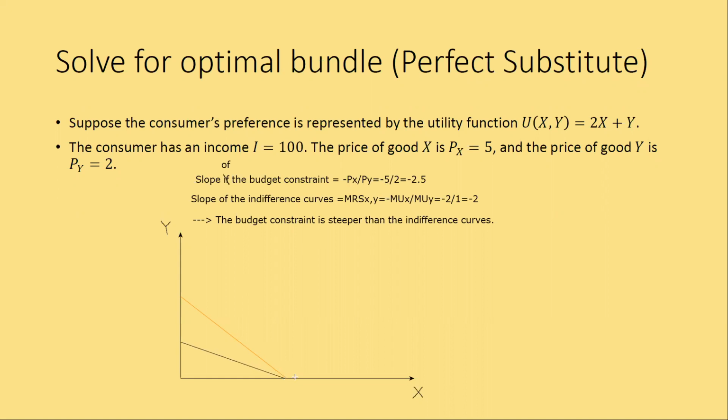They are flatter than the budget constraint. Then we can see, obviously, that the consumer will be best off if she consumes entirely good Y and none of good X. So in this case, this point is the optimal bundle.